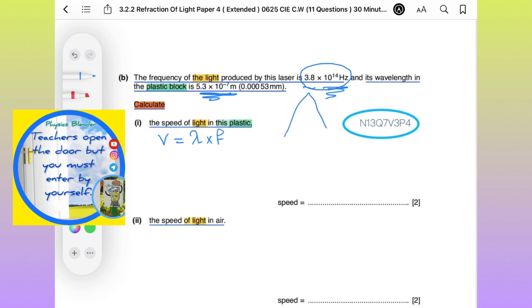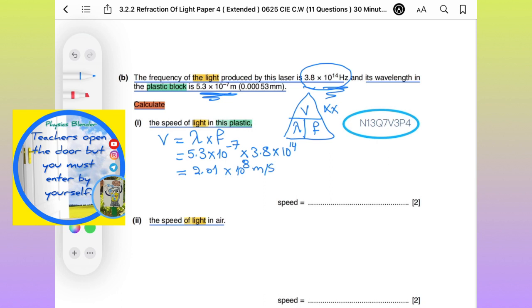Okay, guys, if you draw this triangle that v is related to lambda and f, this is not considered as show your working. You have to write down equations, okay? Substitute, the wavelength is 5.3 times 10 to the power of -7, it should be in meters, and the frequency 3.8 times 10 to the power of 14 hertz. The answer is 2 times 10 to the power of 8 meters per second.